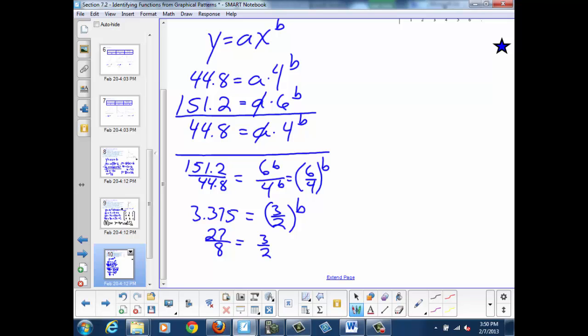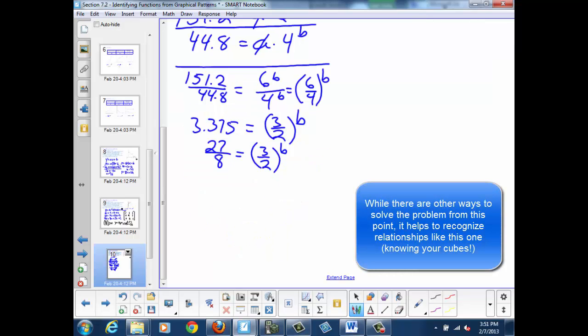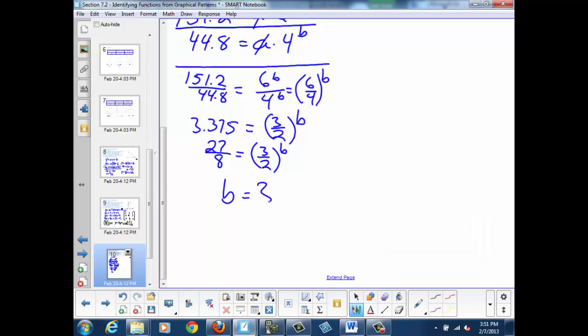And that's equal to 3 over 2 to the b. Now, I'll notice that 27 happens to be 3 cubed, and 8 happens to be 2 cubed. So that lets me know that my b value is actually 3, because 3 halves cubed becomes 27 over 8.